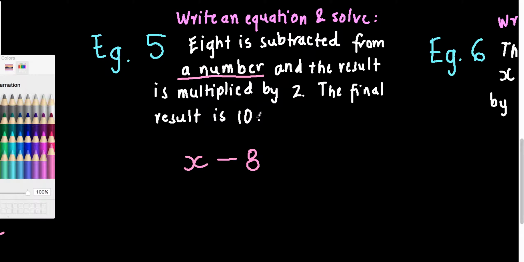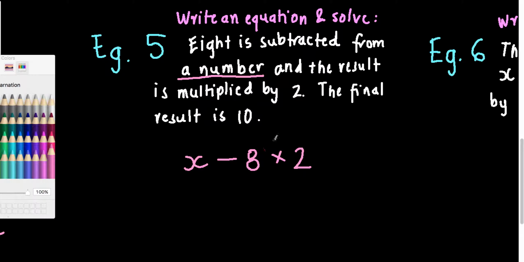And the result is multiplied by 2. So the result of this subtraction, that is multiplied by 2. So what's really important is I put the bracket there to make sure that that subtraction happens first. Because if I just wrote this, now using BODMAS, this is not going to subtract 8 first.